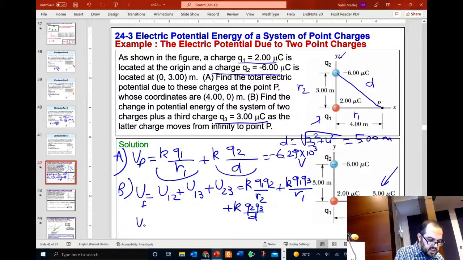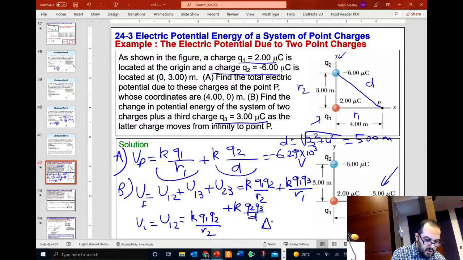What is the initial potential energy? In the initial situation, we only had two charges, 1 and 2. So it's U12. Your initial is actually K Q1 Q2 divided by the distance between them, which we called R2.